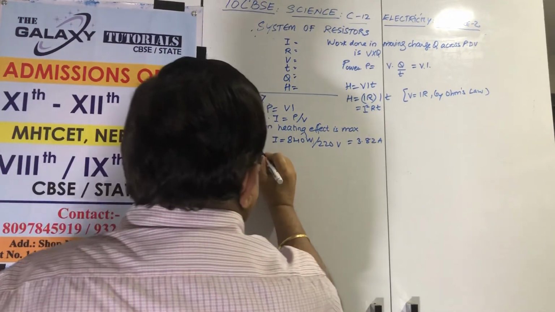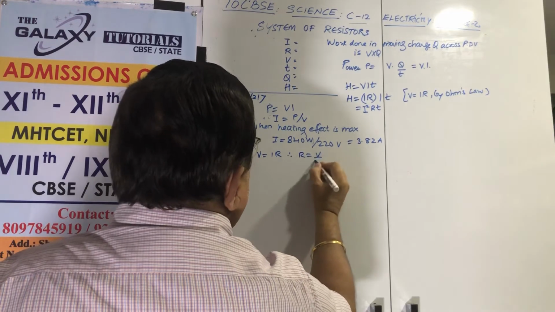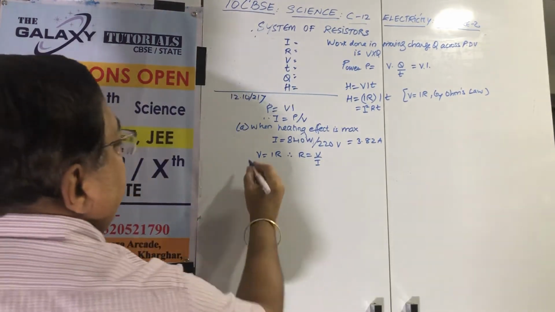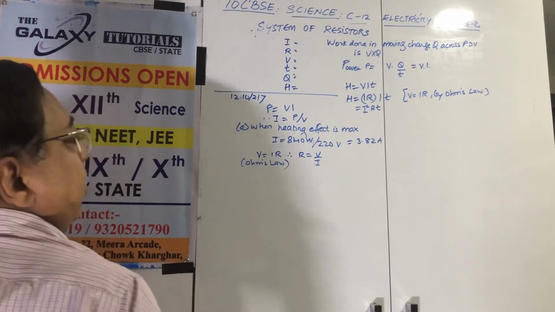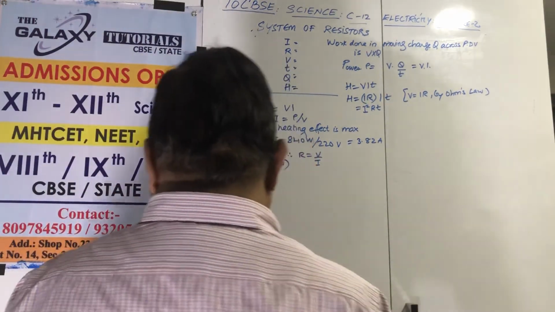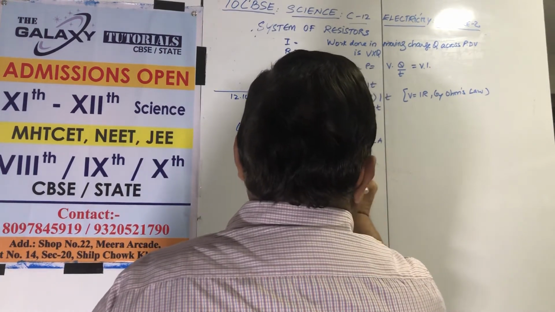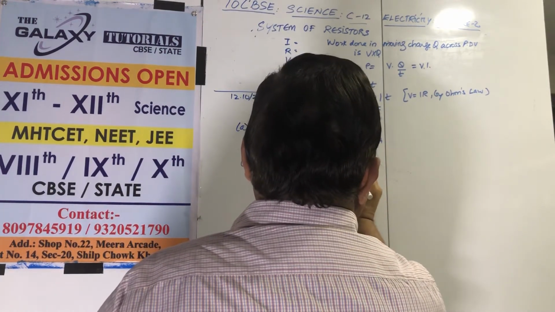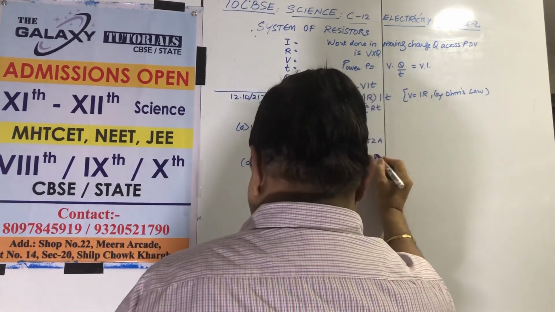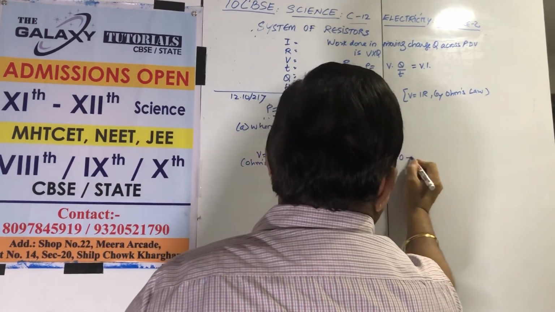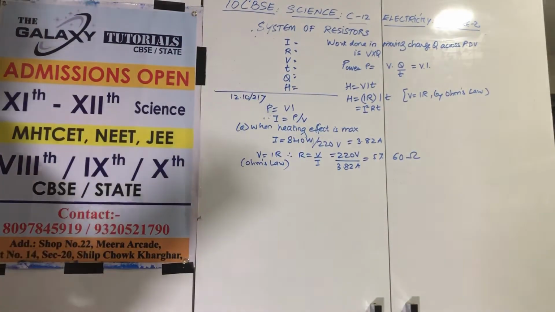And V is equal to IR. Therefore, R is V upon I, Ohm's law. So I will get 220 volts divided by 3.82 amperes, which gives 57.60 ohms when I divide it patiently.